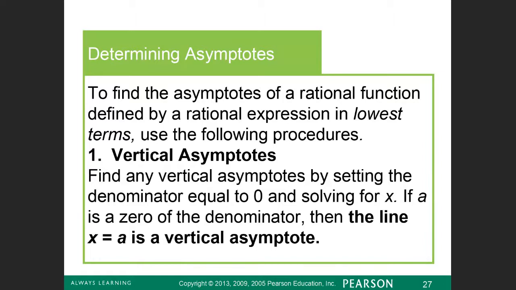Now, what do you mean by the word asymptote? It's a line that passes through the broken part of the graph. Or you can say this is a line that continually approaches a given curve but does not meet it at any finite distance.